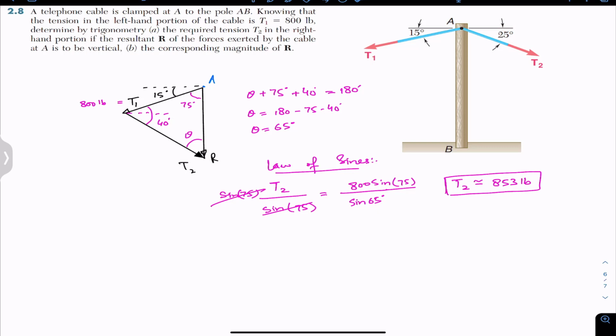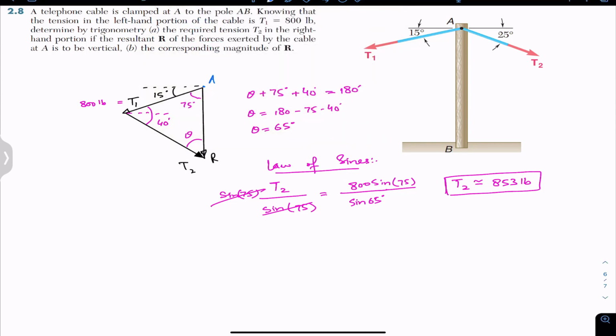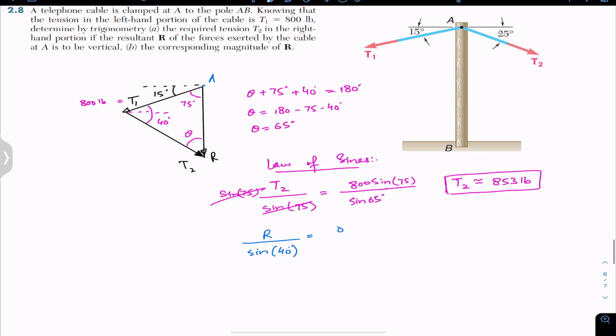Now we can find the resultant magnitude again by applying the law of sines. This time R divided by the sine of the opposite angle, and the opposite angle is 40, so R divided by sine of 40 equals again T1, that is 800, divided by sine of the opposite angle, which is theta, so sine of 65 degrees.